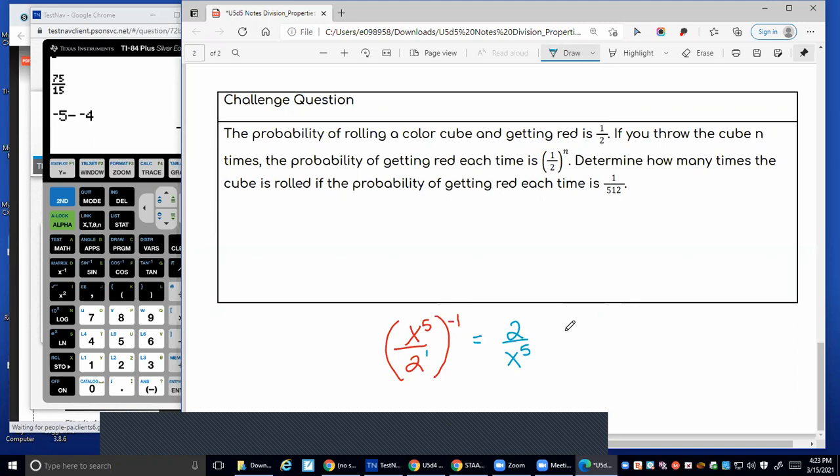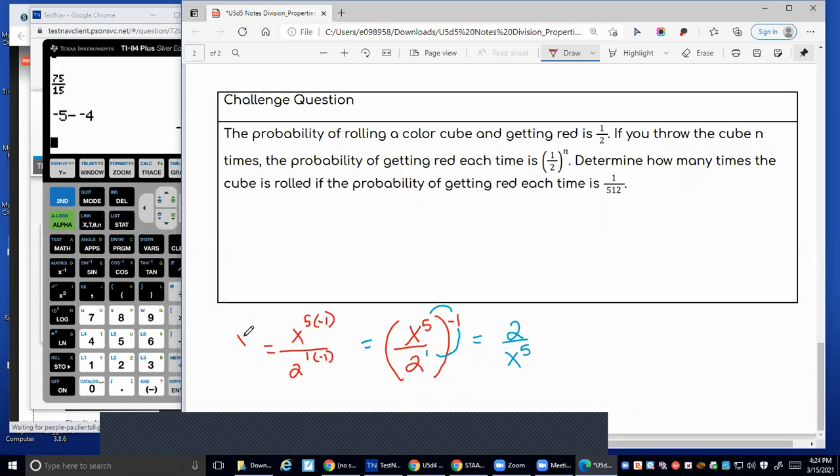Does anybody need an explanation why? No, I do need an explanation. Okay, so if I were to distribute it to the 5 and to the 1, I would end up with x to the power of 5 times -1 over 2 to the power of 1 times -1.